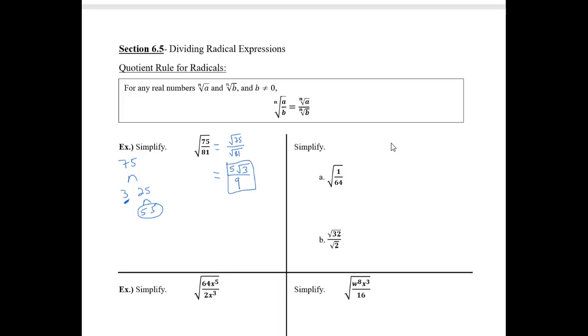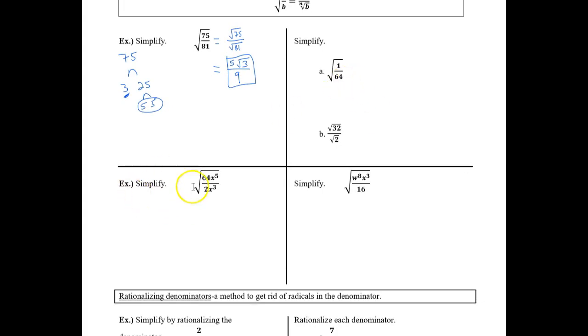Alright, now let's look at this next one. Below it, I have the square root of 64x to the 5th divided by 2x cubed. While it's true that 64 is a perfect square, in general we do not want square roots or radicals in the denominator. So I'm actually going to simplify this fraction first.